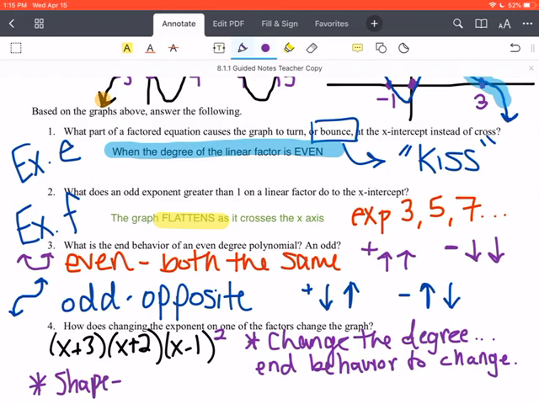And why is that? All of a sudden, the graph may bounce or flatten rather than just cross.